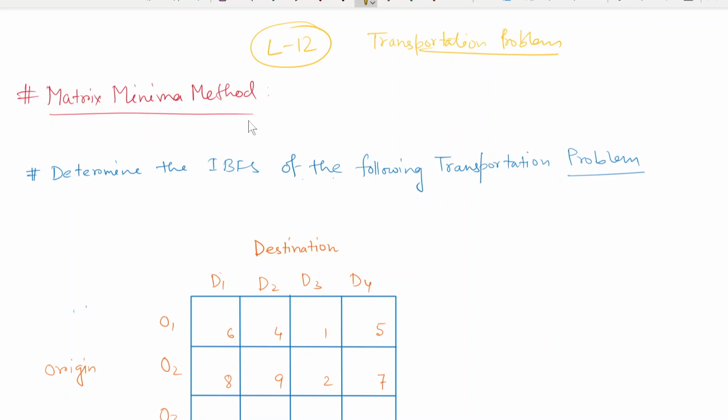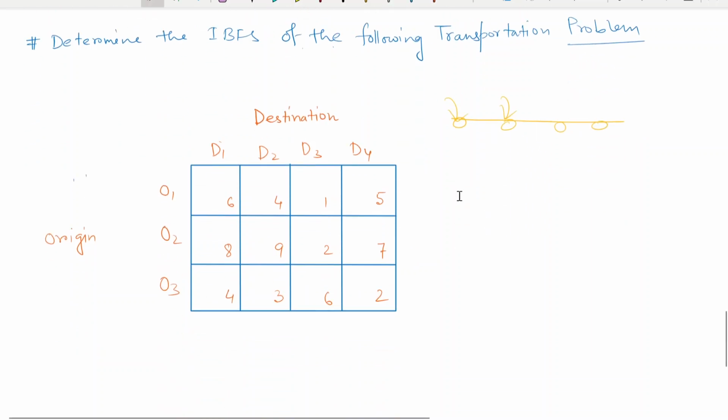Okay, so in the row minima method, what we do is, we take the first row, suppose, and find the minimum element from the first row, and then allocate this cell by looking at the demands and availability from the origin.